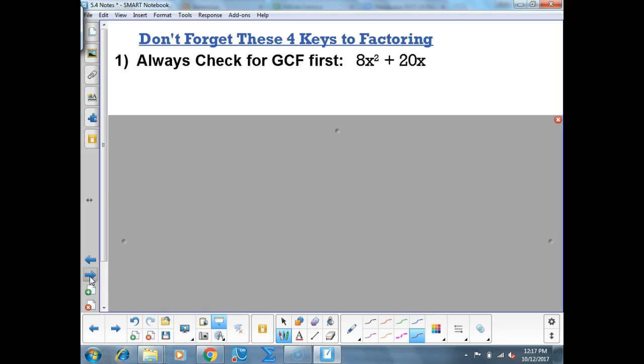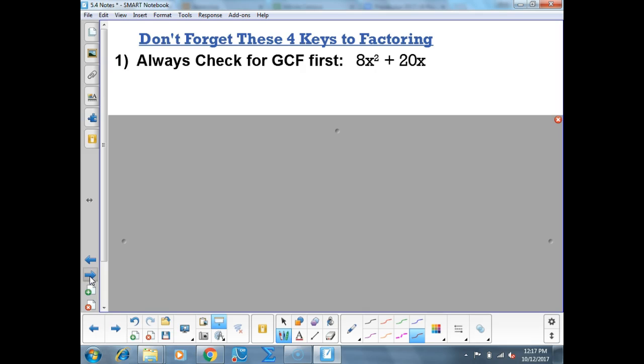So, 4 keys to factoring. And again, I'm not going to spend a lot of time on these because you've seen almost every single one of these ways of factoring, probably with the exception of cubics. I don't remember if we did cubics last year or not, but the other kinds of factoring you've seen.